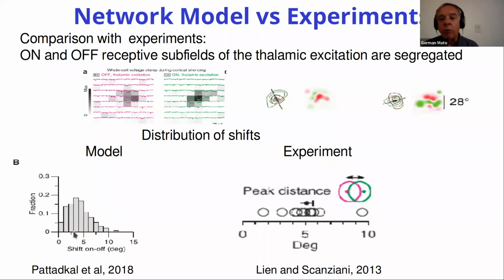So we have some qualitative agreement also in this aspect. This means that at least the scenario of random connectivity is not totally wrong, but we would like to have a better quantitative understanding of why the model works in this way.